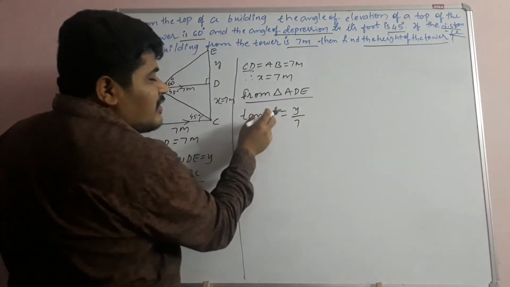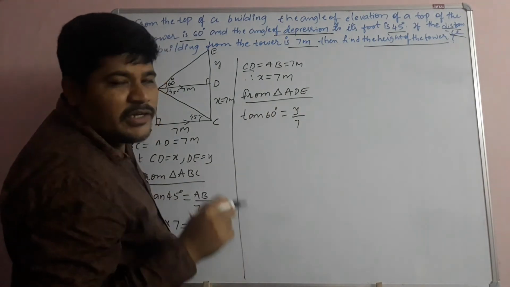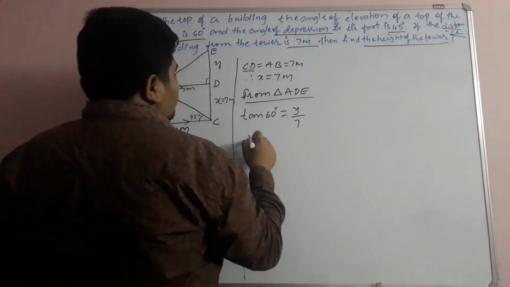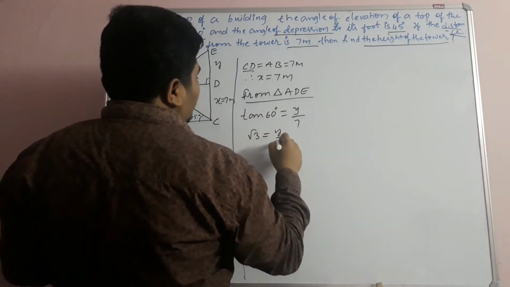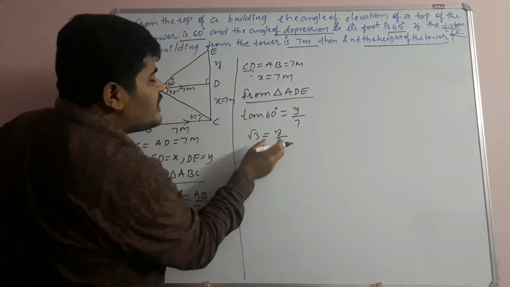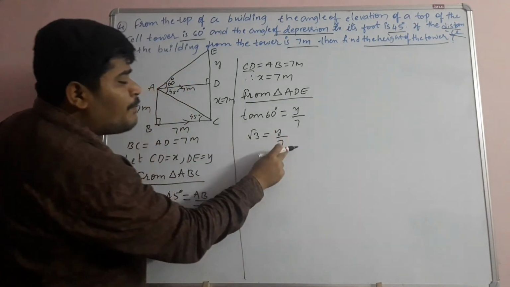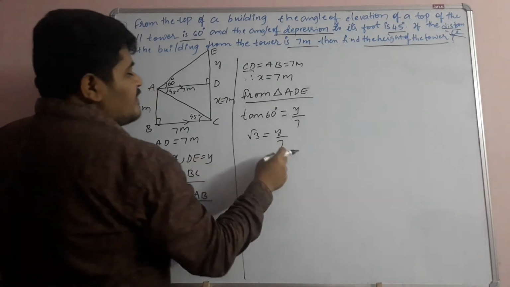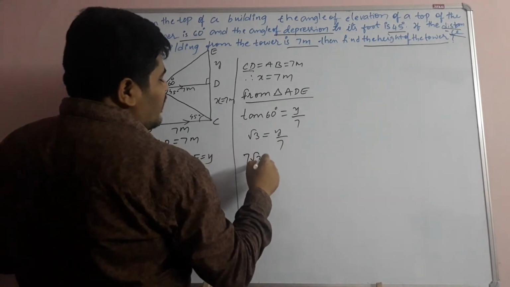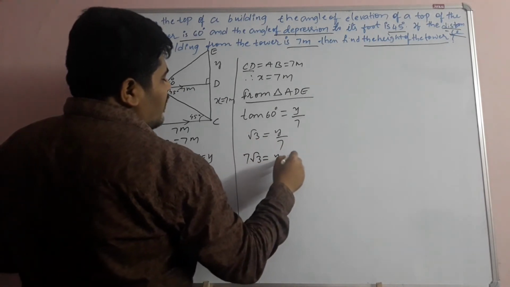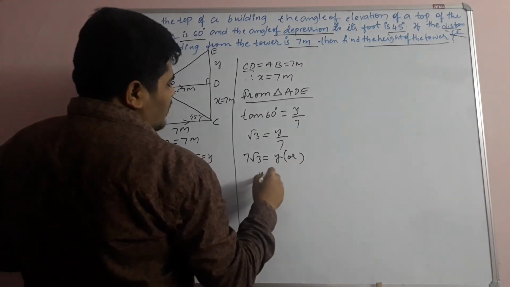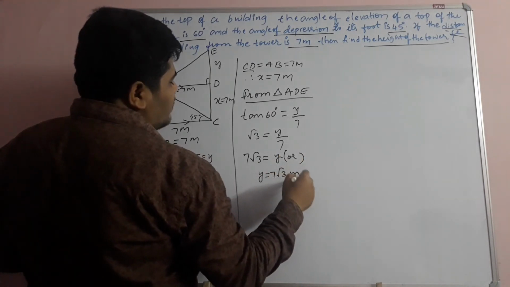And children, what is the value of tan 60 degrees? Root 3. So root 3 is equal to Y by 7. In equation transposing, what will happen? The 7 in the denominator becomes multiplication. So that is 7 root 3, which is equal to Y. Or Y is equal to 7 root 3 meters.